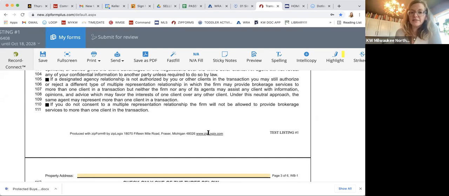If the client does not consent to multiple representation, the firm will not be allowed to provide brokerage services to more than one client in the transaction at all. So if my seller rejects this notion altogether, then we will not be able to accept an offer from a Keller Williams agent who has a buyer's agency in place at all.